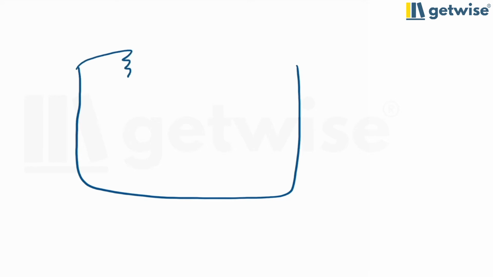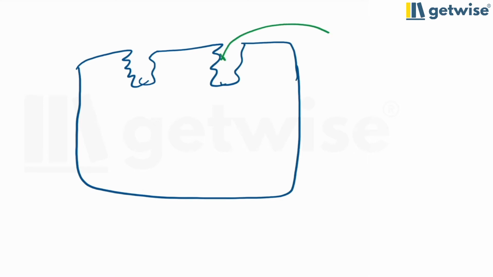Now we have to look at the parietal cell in detail. This is the parietal cell. These groove-like structures are called canaliculi. They are like canals, so they are called canaliculi.